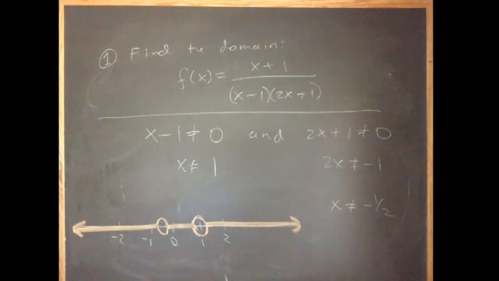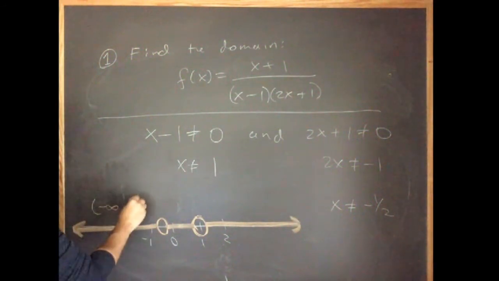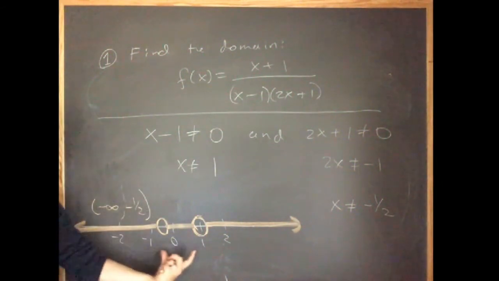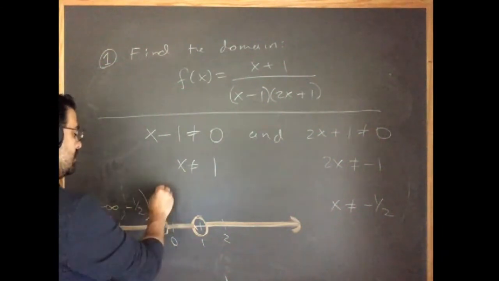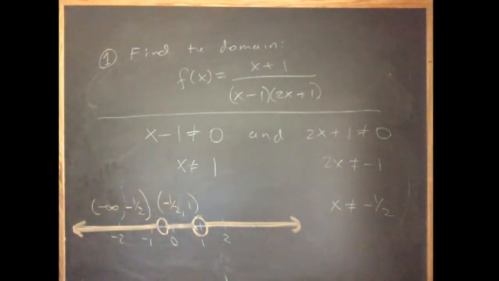So there are sort of 3 regions here. The first one is from -infinity all the way up to -1/2, and we exclude the -1/2, so we put a parenthesis there. The next region is between -1/2 and 1, and we exclude both of those endpoints.